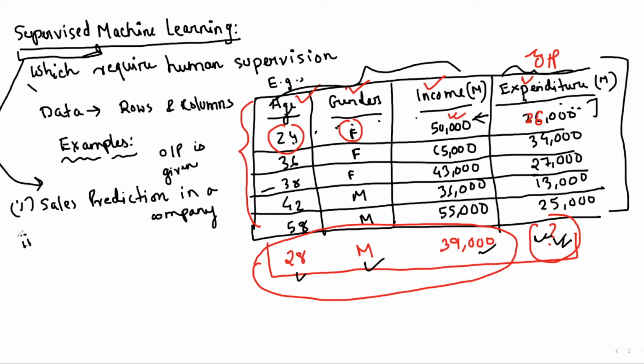Second can be, let's say we want to find out the house price of any locality. Locality will be given.